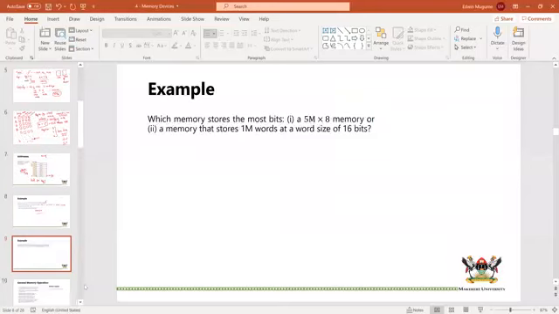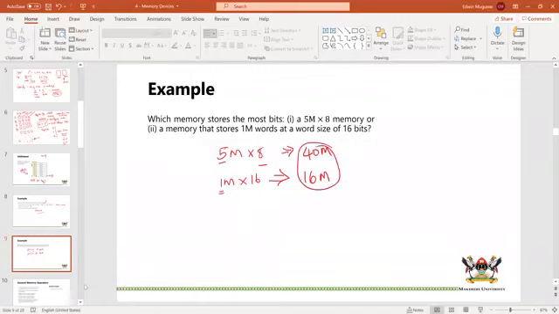We have a memory that stores this. Okay, which memory stores the most bits? 5M times 8 or 1M times 16. 1M times 16 is about 16M, and 5M times 8 is about 40M.